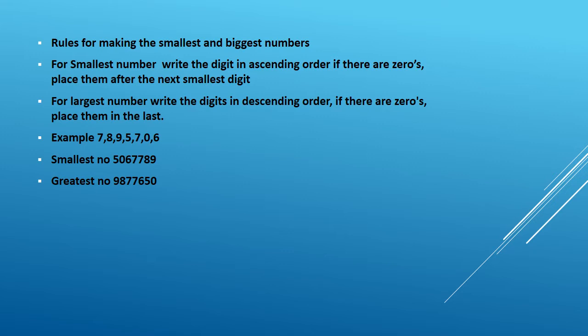To understand this, see the example. The number is 7895706. When you have to write the smallest number, write all the numbers in ascending order and 0 will come after 5. While writing the greatest number, write all the numbers in descending order and 0 will come at the last.